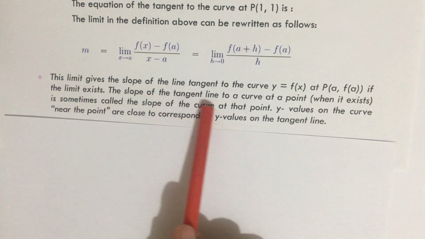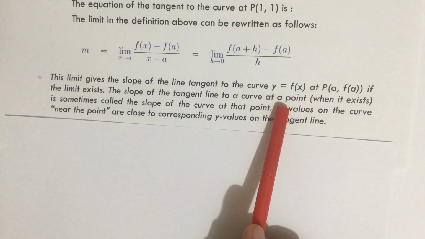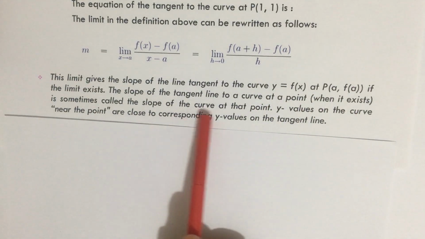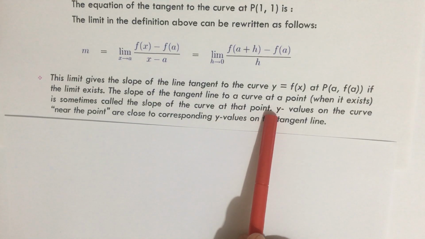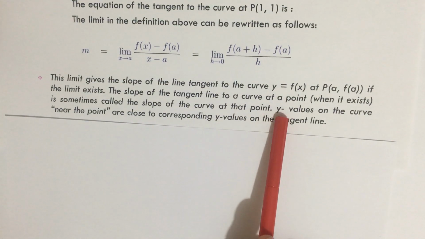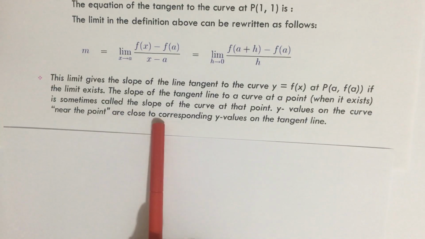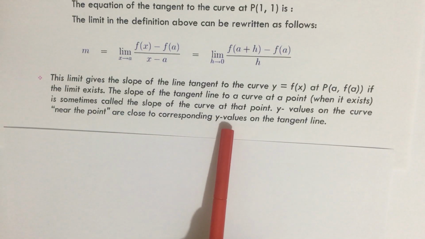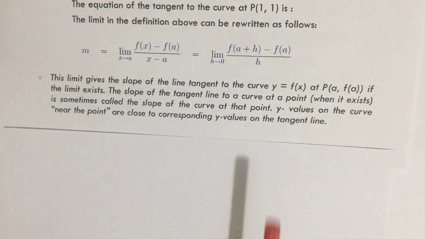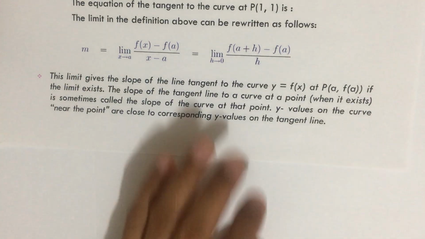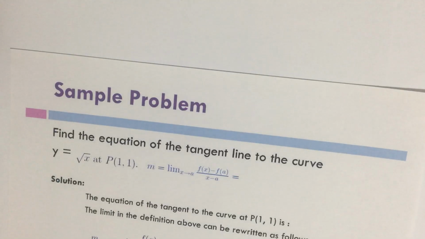The slope of the tangent line to the curve at a point, when it exists, is sometimes called the slope of the curve at that point. So the y values on the curve near the point are close to the corresponding y values on the tangent line. Okay, so I hope you understand this one, class.